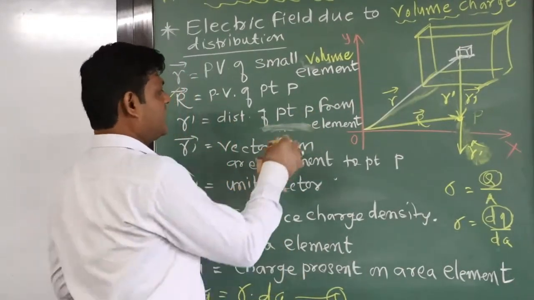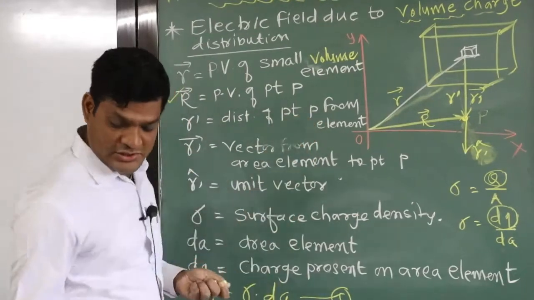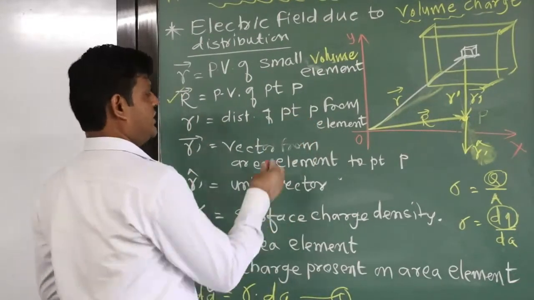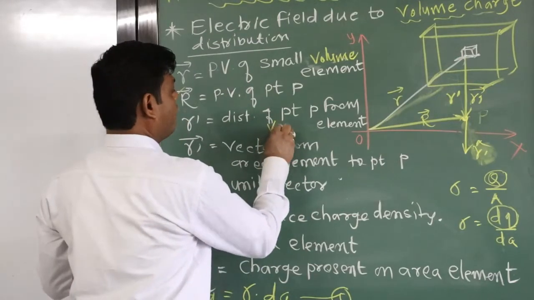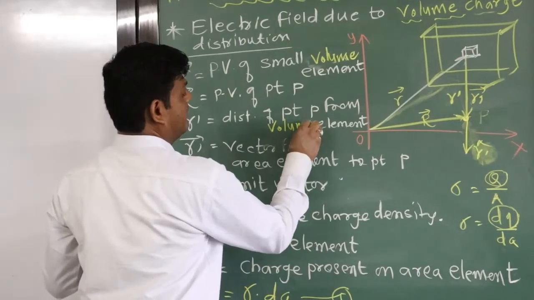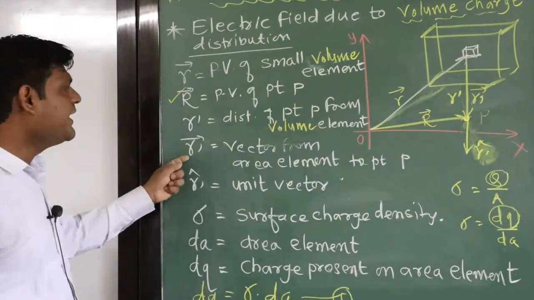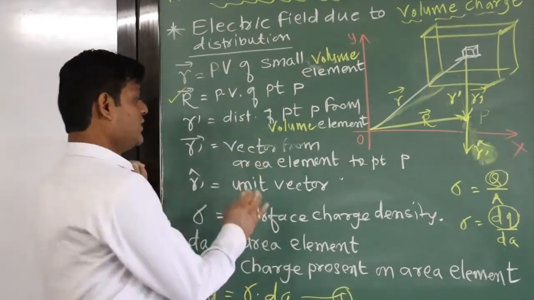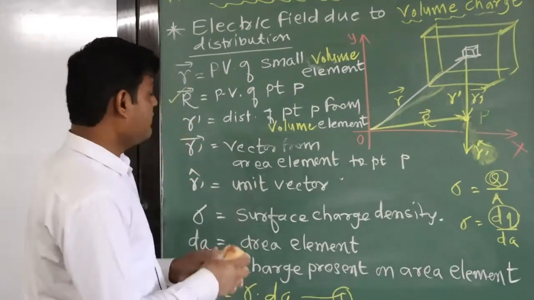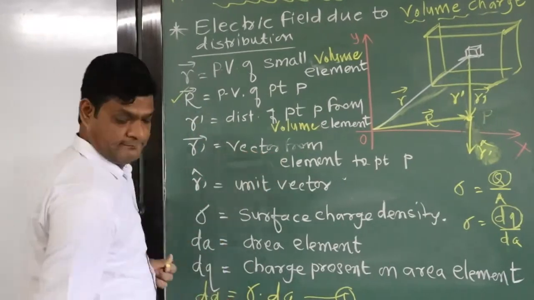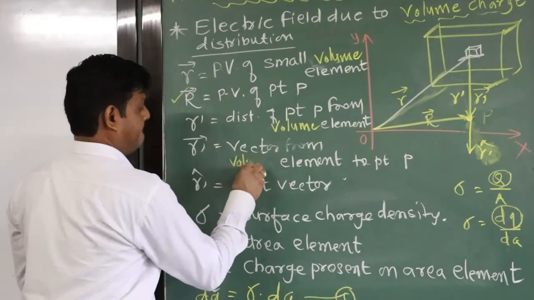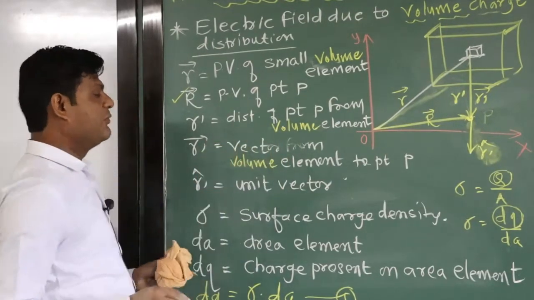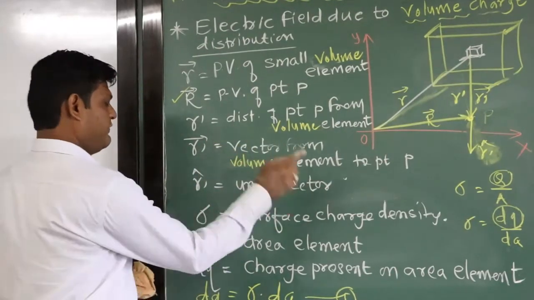See, just erasing a few words, you can prepare a new question, right? See, volume element, we will write over here volume element, right? R dash is a vector from the area element. Instead of area, we will write volume element. Volume element at point P. R dash unit vector.